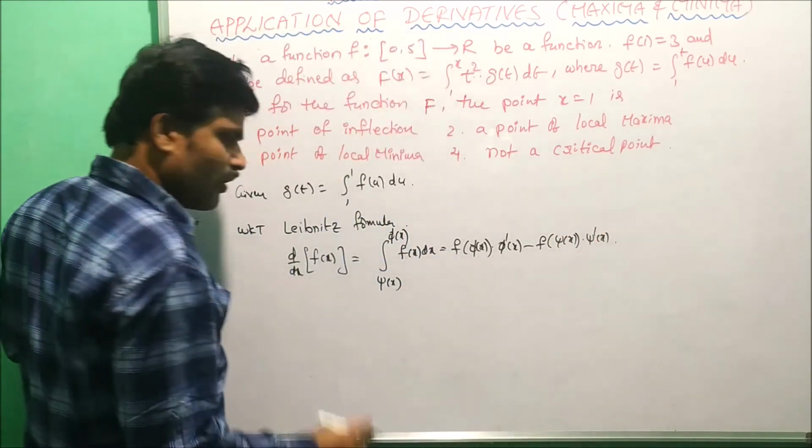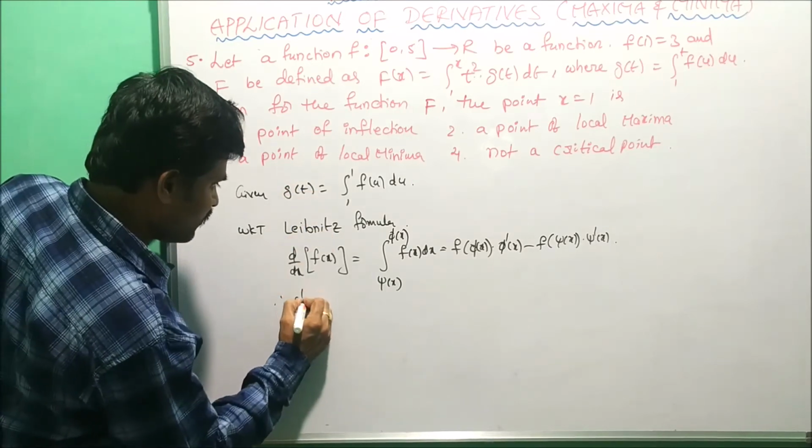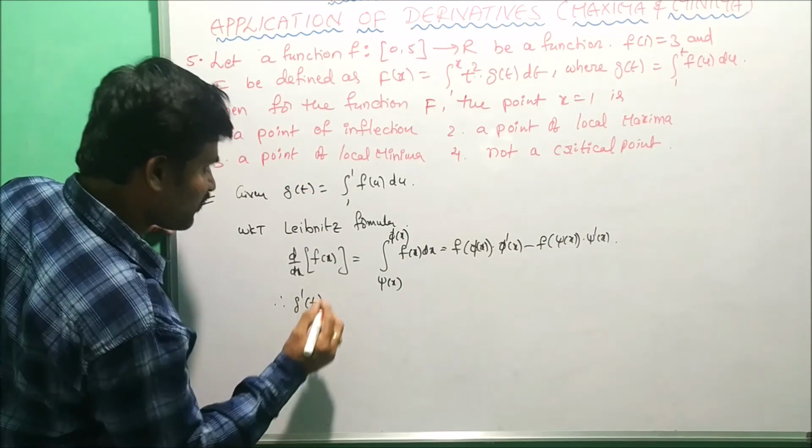Using this formula, we find the derivative of g of t, g dash of t.